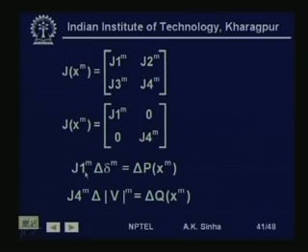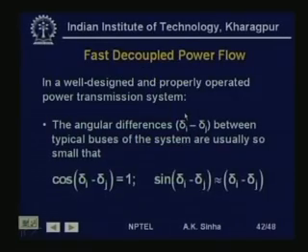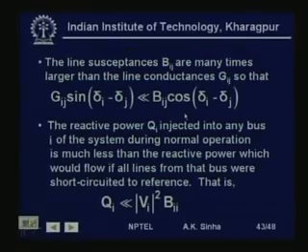If we do that, then we have two separate equations that we can solve, and the size of the Jacobian matrix becomes much smaller. This is what we do in decoupling. If we make certain other assumptions, then we can make the elements of the Jacobian matrix constant. This is what we do in the fast decoupled load flow algorithm.